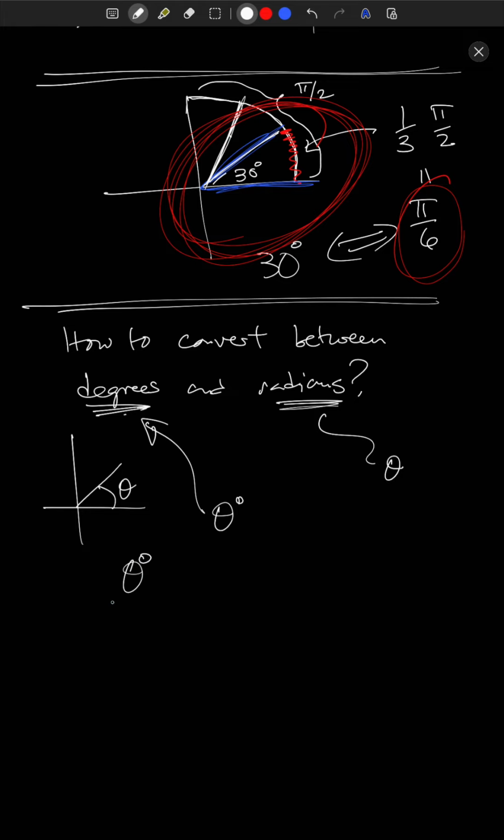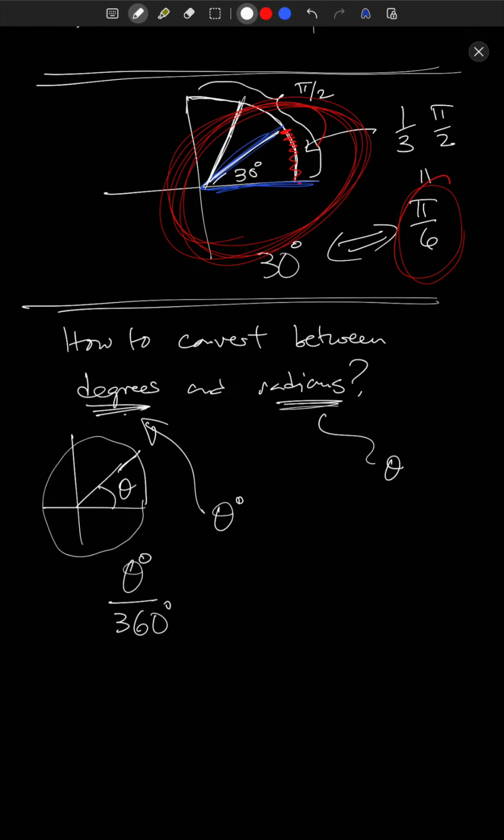So theta degrees over 360 tells me how much of the circle we're working with, right? A fraction of a circle that we're interested in. So in other words, if I draw a full circle here, this ratio tells me we're working with perhaps 1/8 of a circle for 45 degrees. We're working with 1/4 of a circle for 90 degrees, and so on.